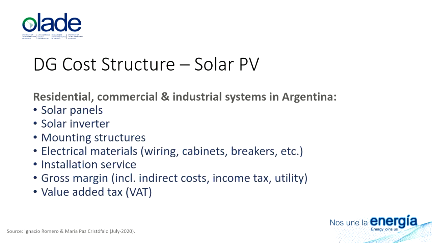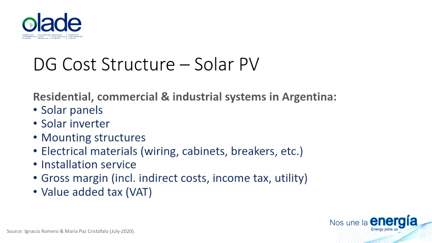Now, going into a study that I recently conducted for Argentina, I'm going to point out what the components of the cost structure are for solar PV. So of course, we have solar panels, the solar inverter, mounting structures, electrical materials, as you can imagine, all wiring, cabinets, junction boxes, breakers, some protections or atmospheric dischargers, and so on.